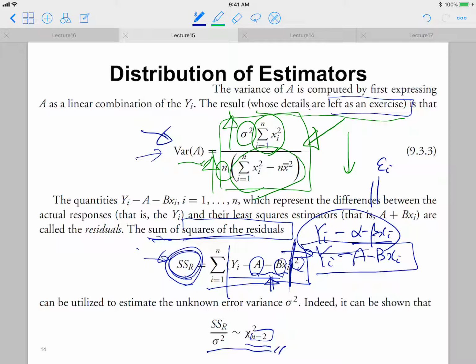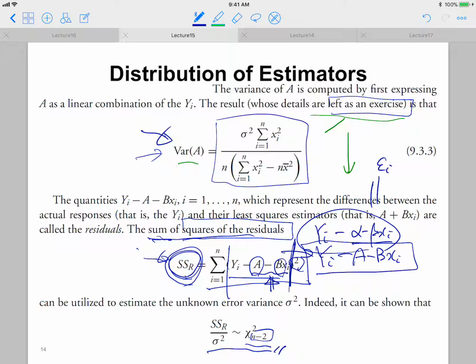Although it looks quite complicated, we did some thought experiments about why it should make sense. Anyways, our A has the variance as this.